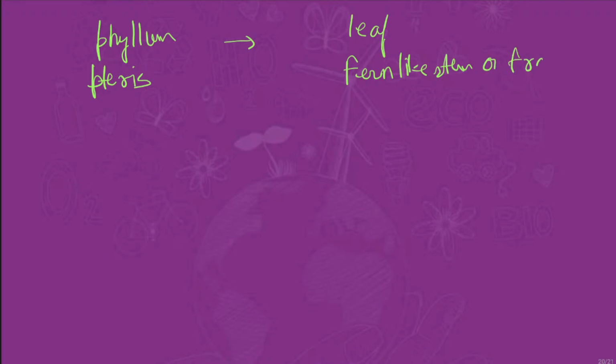Phyllum means leaf. Pteris is for fern-like stem or frond.